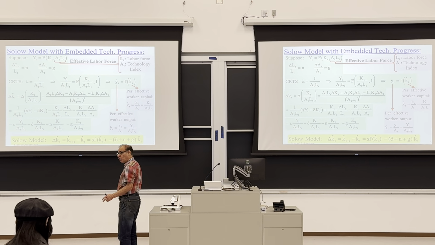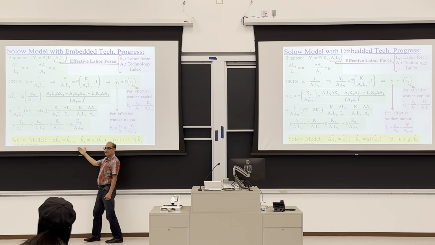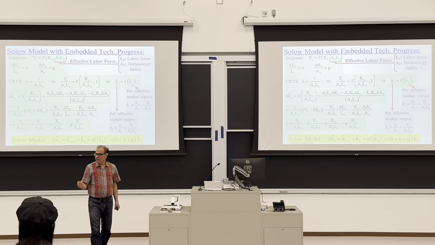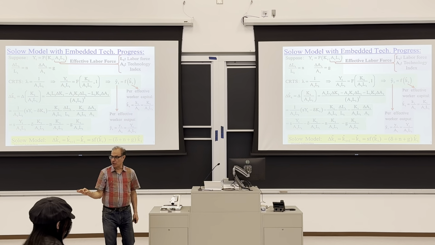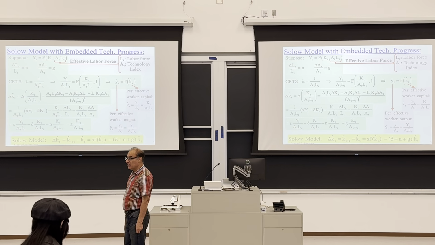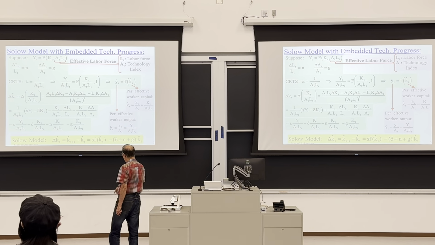What are those 2 differences? Number 1, everything is in terms of hat, k hat. Everything is per effective worker capital. So everything in this model is in terms of effective worker.